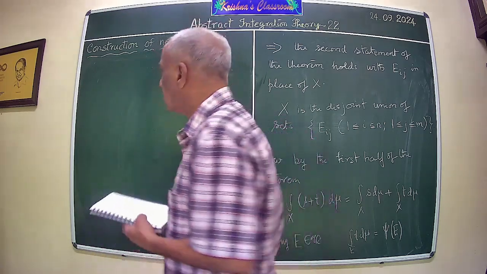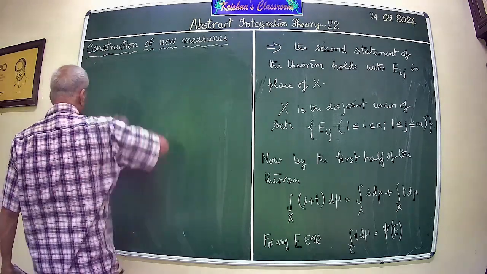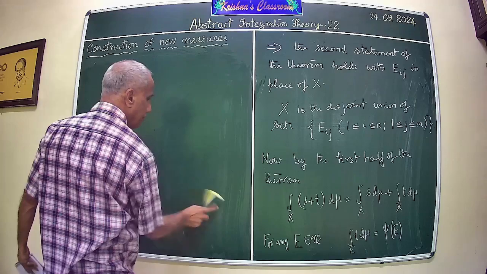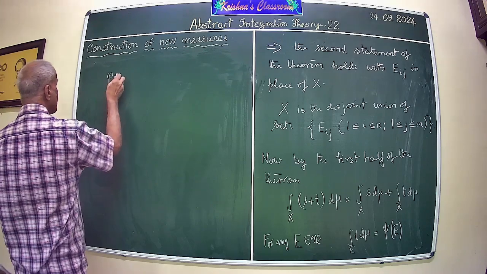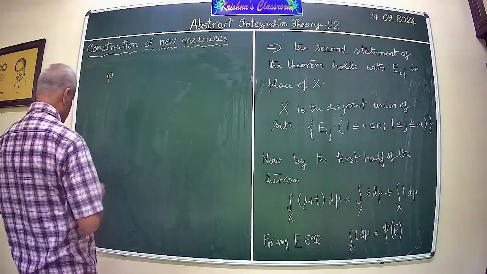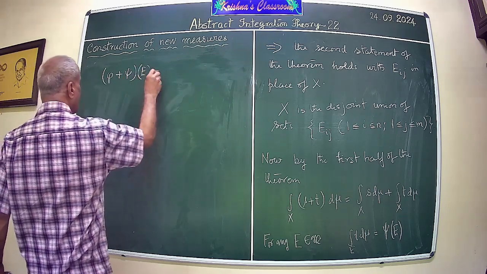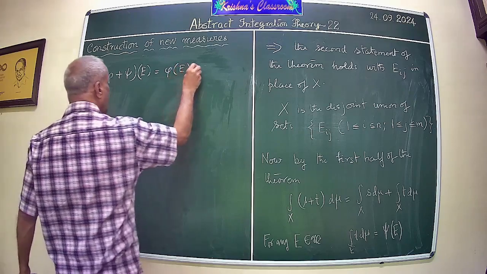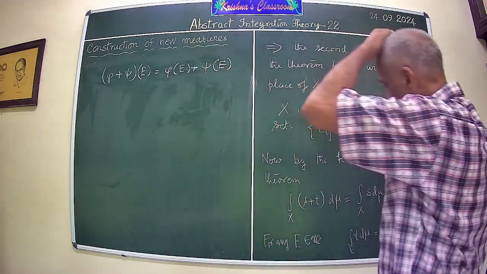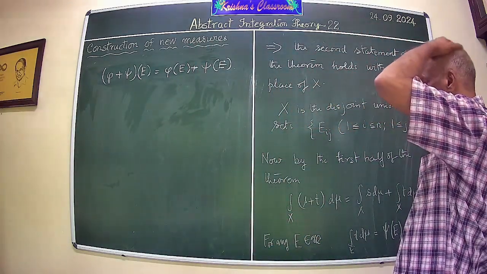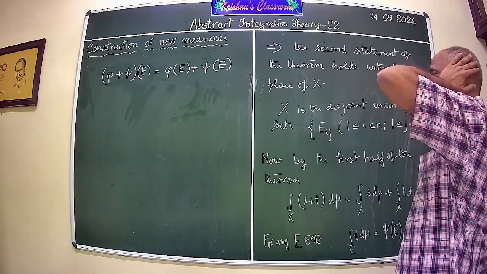That's what it means. Phi plus psi of E is phi of E plus psi of E. In other words, it's another measure.